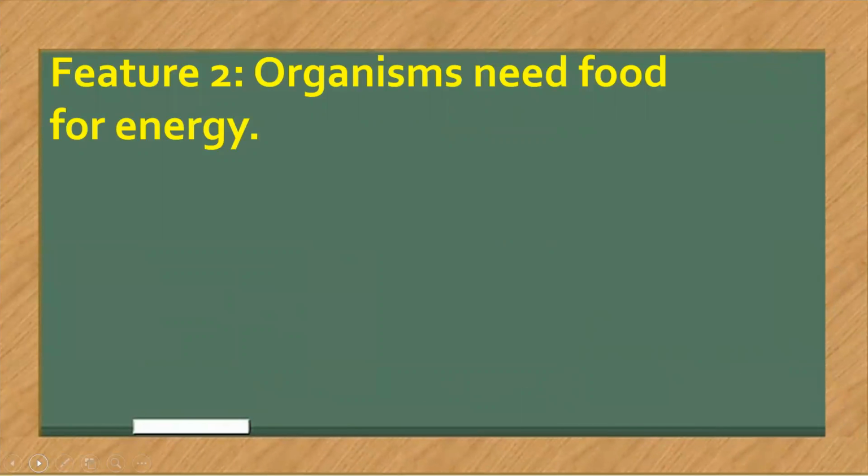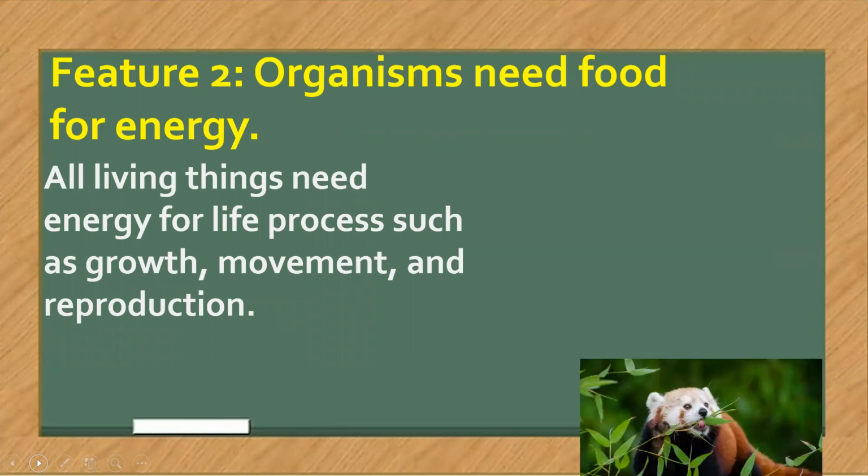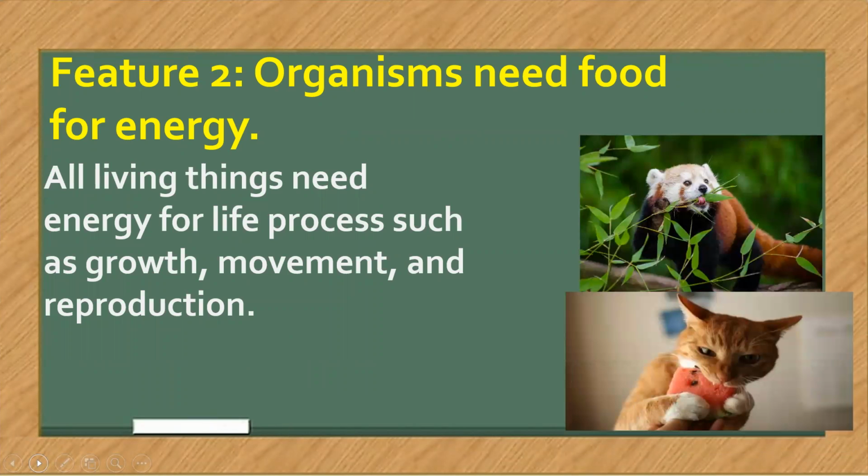Moving on, feature 2, organisms need food for energy. All living things need energy for life processes, such as growth, movement, and reproduction. As you see in the pictures, the cat and the raccoon, they are both eating for their growth so that they can move as well as reproduce.